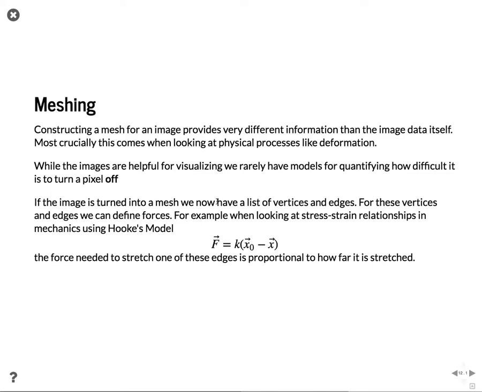This is the entire basis for finite element modeling: taking data and turning it into this mesh representation, how you store this mesh, how you efficiently compress it, and how you run simulations with hundreds and millions of vertices. But for us, it's just important to understand when you make that transition and why you would leave the imaging domain for solving certain types of problems.